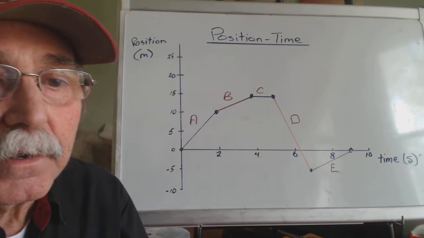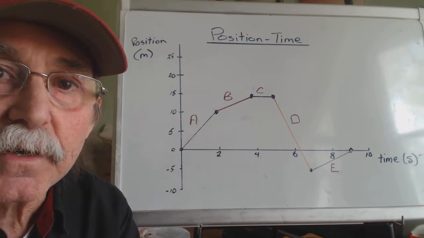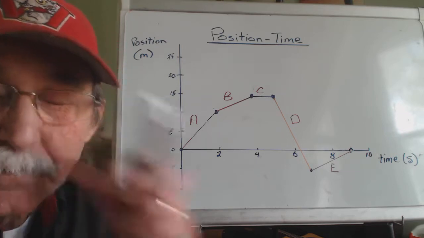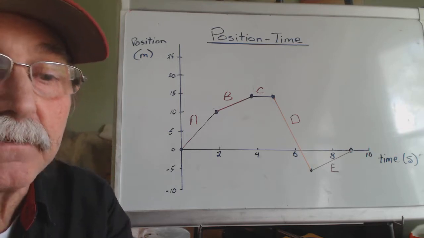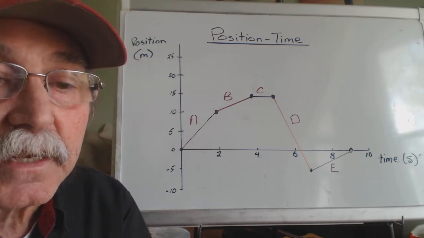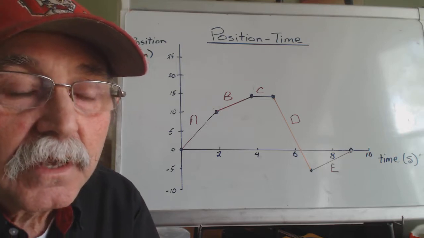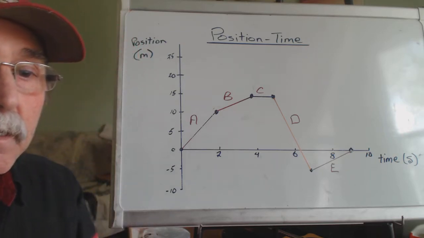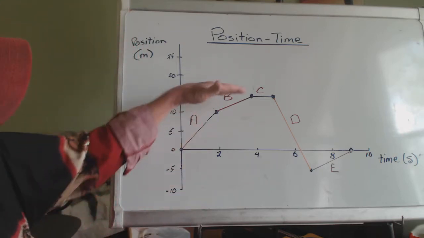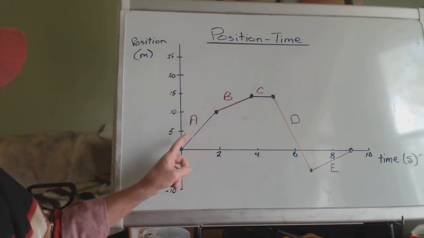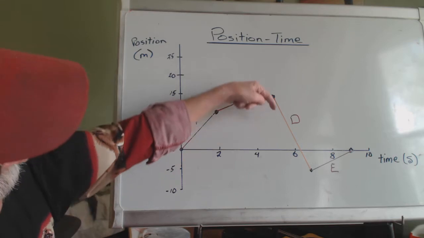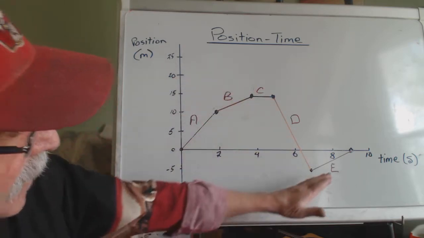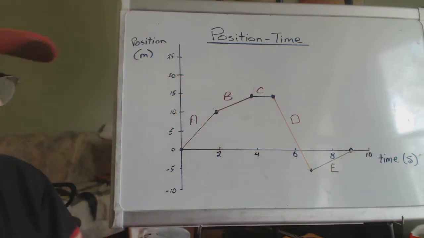Before you start telling the story, what I want you to do is figure out or calculate the velocities in each interval. I want you to notice that the slopes are changing. There's positive slopes, less positive slopes, zero, steep negative, and positive again.